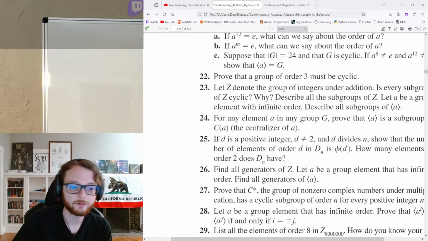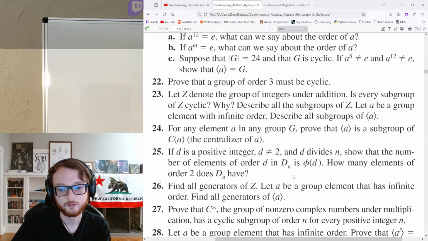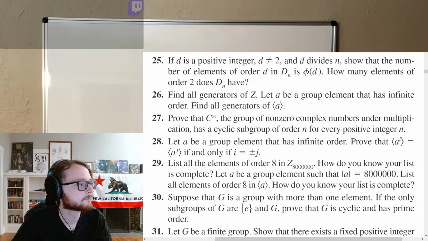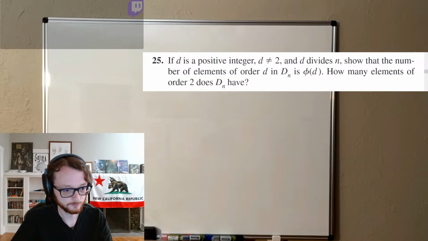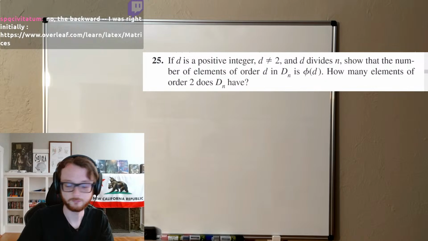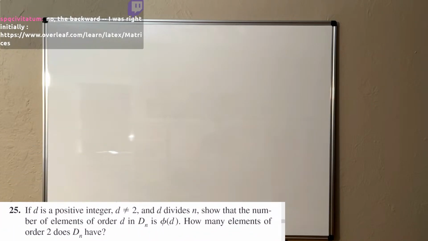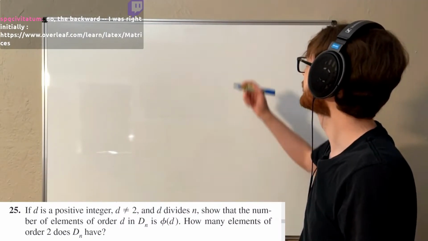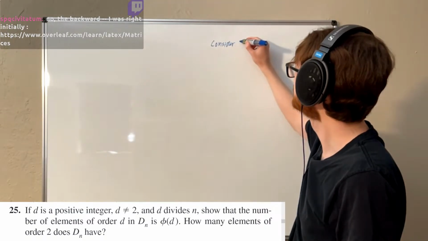So for 25, I assume we want to consider the subgroup of D sub n. Just start writing things, I guess. Oh, thanks for getting that link.